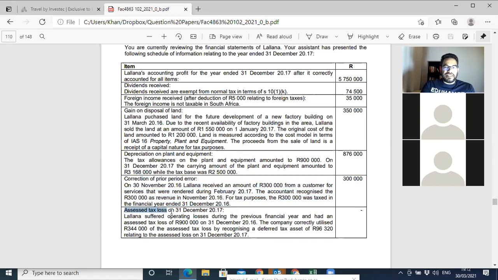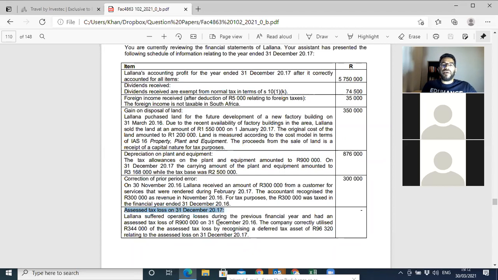And then here we have an assessed loss. They say Lalana suffered operating losses during the previous financial year and had an assessed tax loss of 900,000 Rand on 31 December 2016. So this assessed loss was already there at the financial year end 2016, which was last year's financial year.